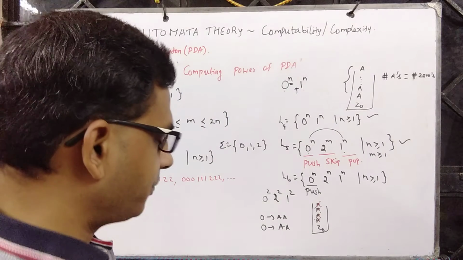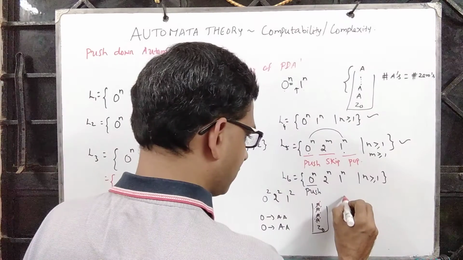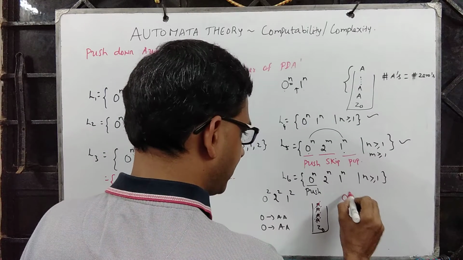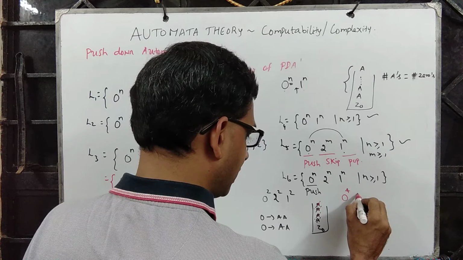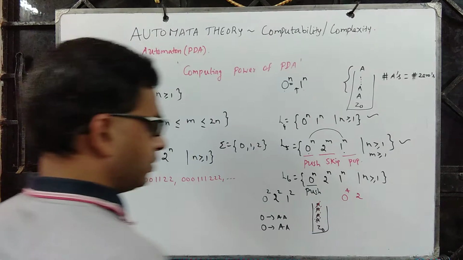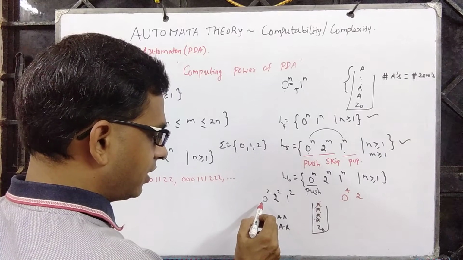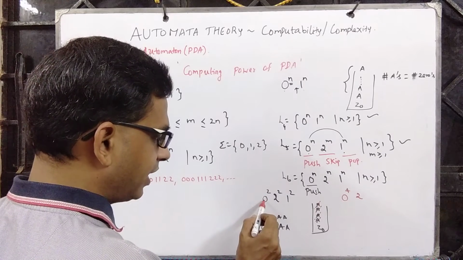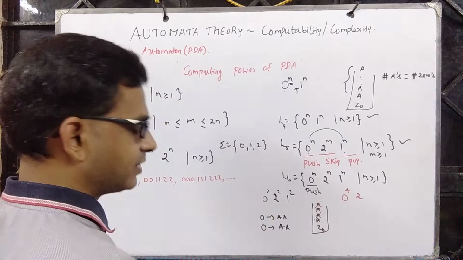It appears like it works, but the problem is, look at this string. So you have 0 power 4 and, so remember what it is that we are doing? We are pushing, in general if it is n, we are pushing 2n A's, correct?